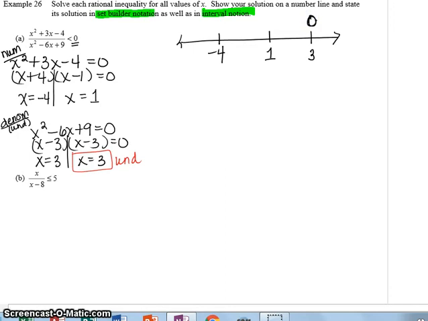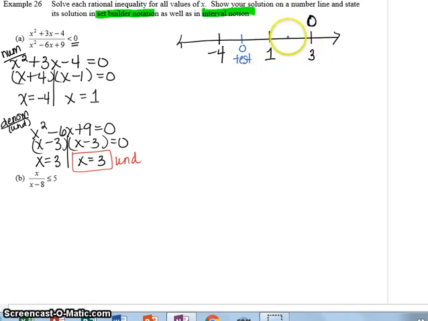To test the other ones, you have to see: can negative 4 be included? Can 1 be included? And then you're also going to pick your test values. 0 is always an awesome one to test. What's between 1 and 3?